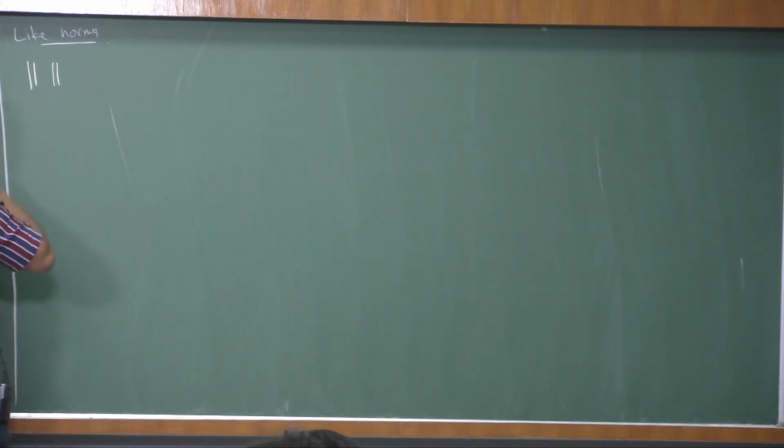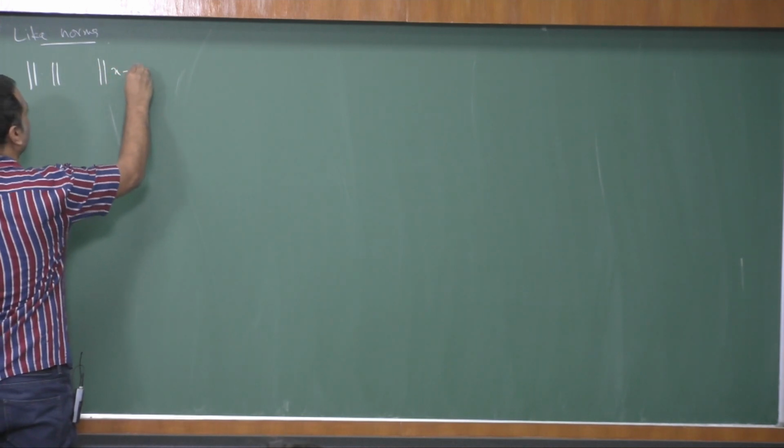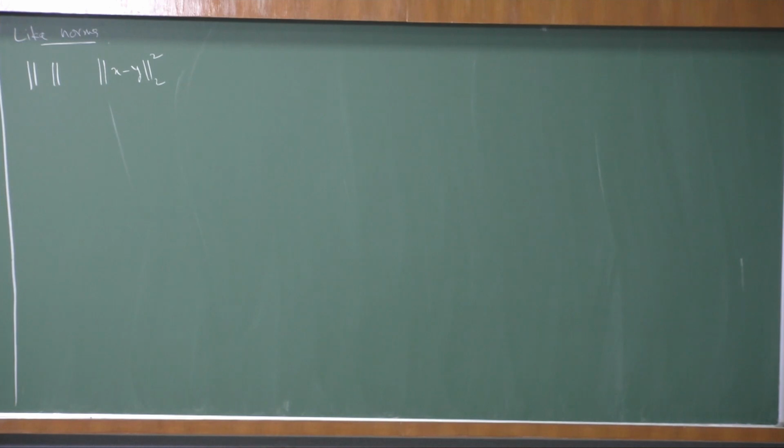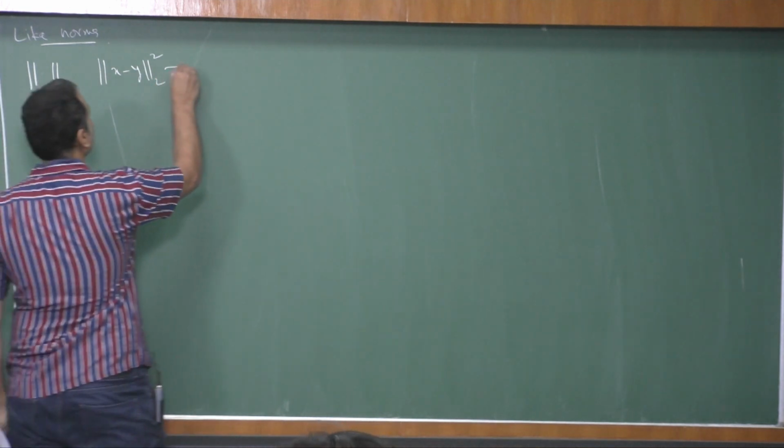If I have to compute the difference, I do x minus y and square it, and this is a measure between 2 vectors x and y. The choice of 2 norm and squaring it is because I need some kind of differentiability.